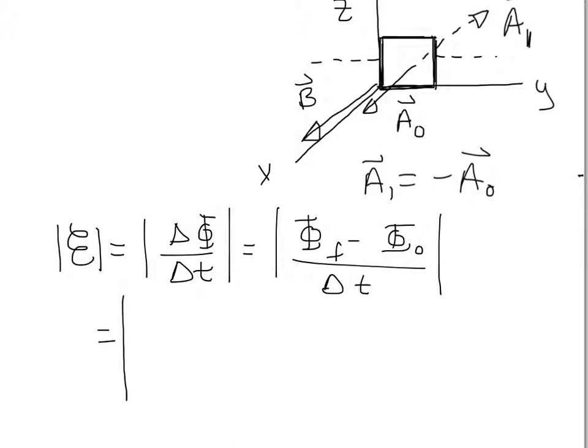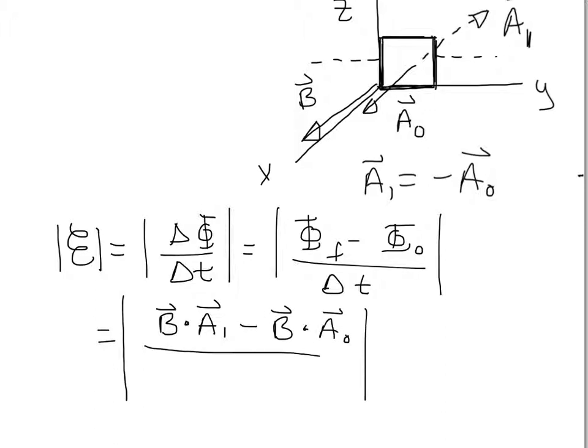The final flux will be B dotted into A1 minus the initial, which will be B dotted into A0. That's divided by delta t.